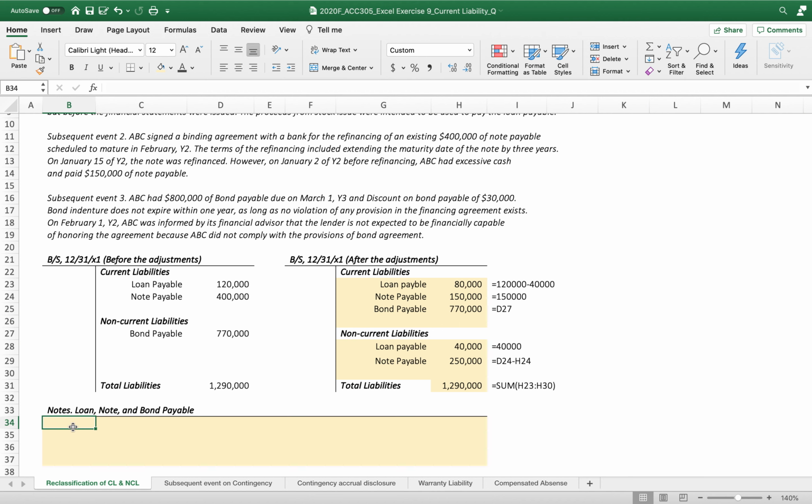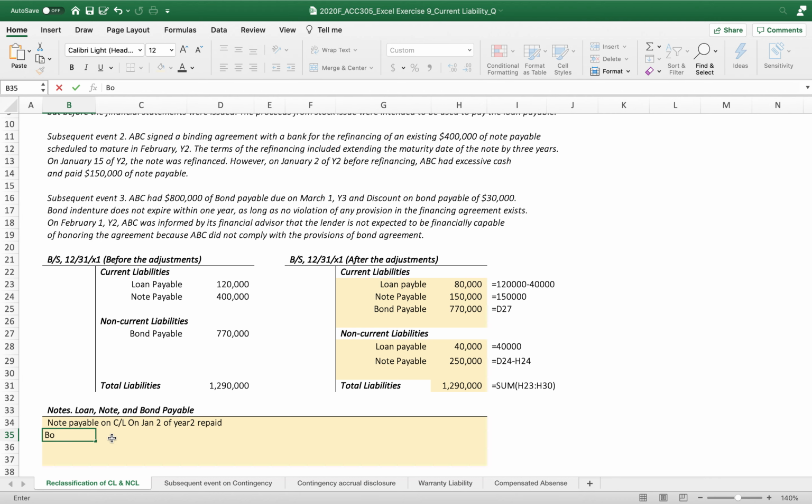For example, the note information: the note payable in current liability, on January 2nd of year 2, $150,000 of the note payable was repaid. There you go. It should be disclosed. That's why it is recorded in current liability.